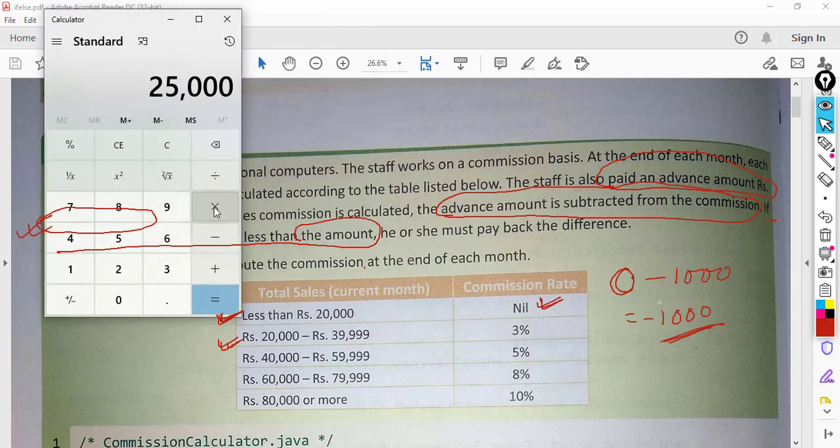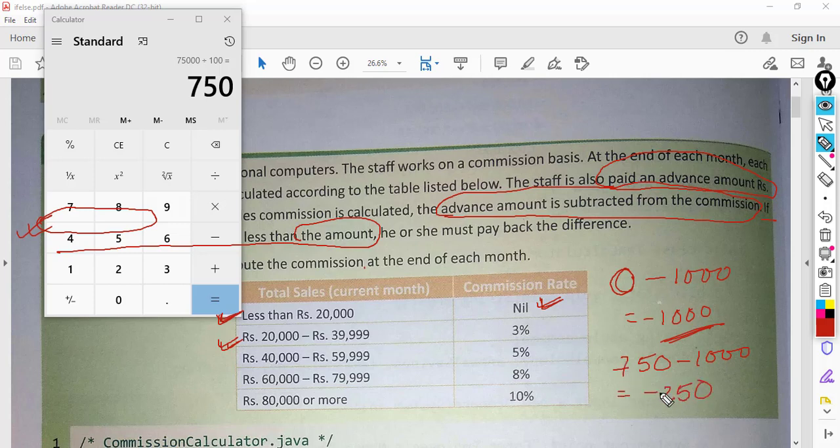The commission rate will be 3%. So into 3 divide by 100, so 750. This 750 is also less than 1000, isn't it? So the salesperson has to pay back. How much? He has to pay back minus 250. So instead of getting money, the salesperson has to give money.